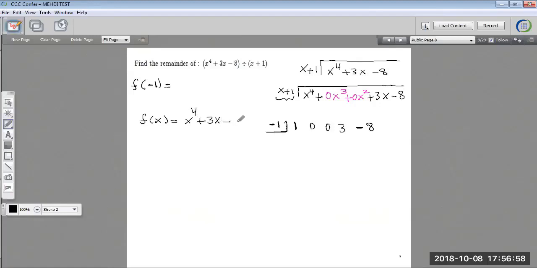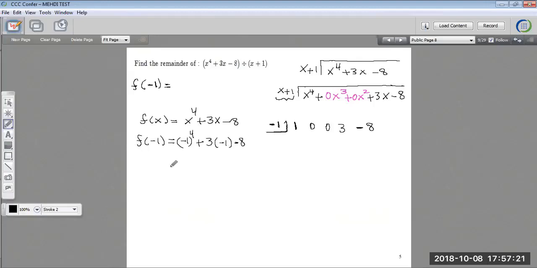That's your f of x. So f of minus 1 would then be substituting for each x minus 1. Let's do that. Minus 1 to the power of 4 plus 3 times minus 1 minus 8.